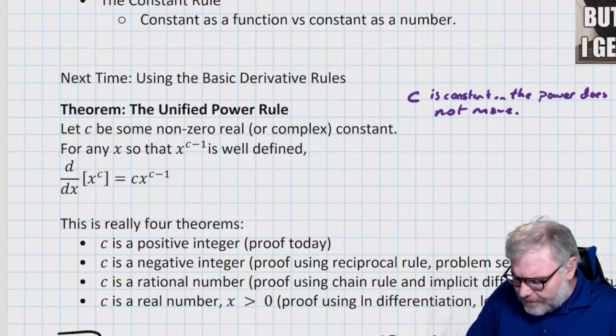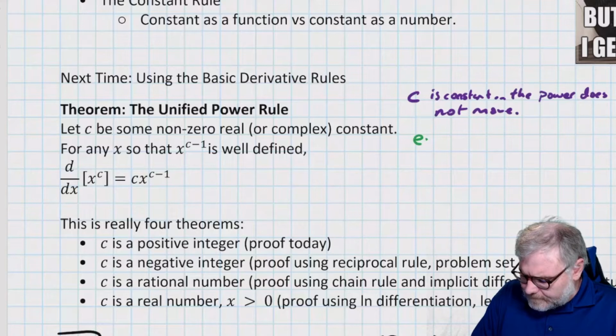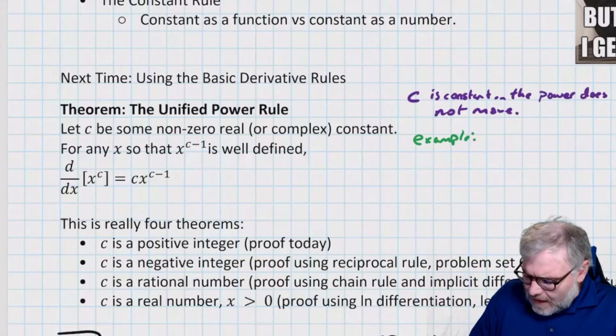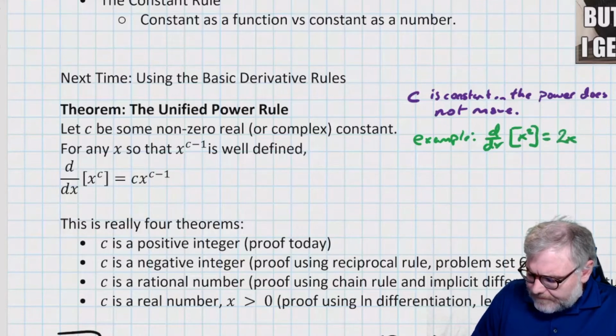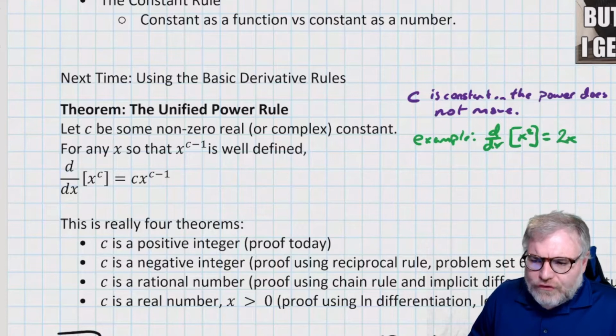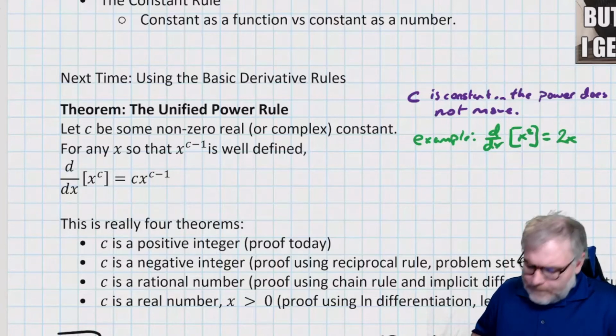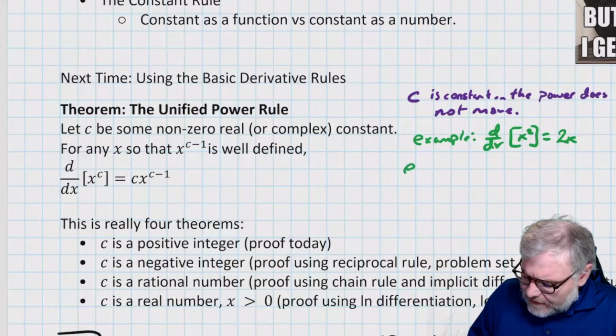So here we've got an example. I already mentioned this before: the derivative with respect to x of x squared equals 2x. But I can also do it with things that I could put in a power form. Okay, so here's another example.